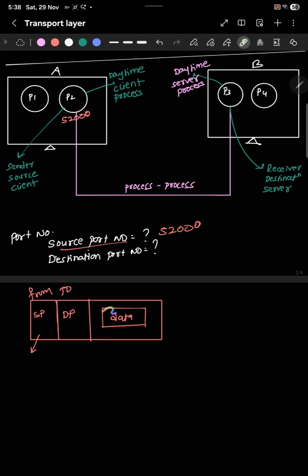Because when this packet is generated at the source, at the sender or client side, prior to sending this packet to the destination, all this information about the source and destination has to be known.